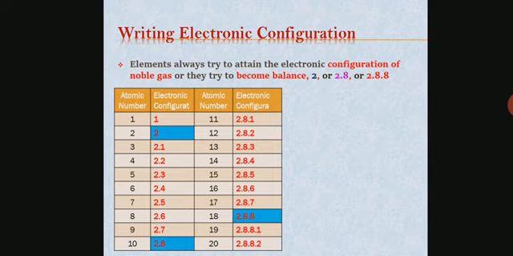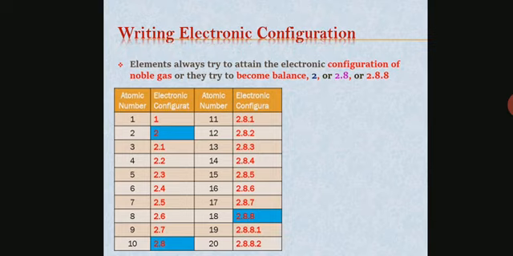If atomic number becomes 19, that means the number of electrons becomes 19, then electronic configuration becomes 2.8.8.1. So this third orbit also cannot hold more than 8. It cannot be 9. That is why the 1 electron in the last will start filling the fourth orbit. So it will go on like that, like atomic number 20, that is calcium. The electronic configuration will be 2.8.8.2.